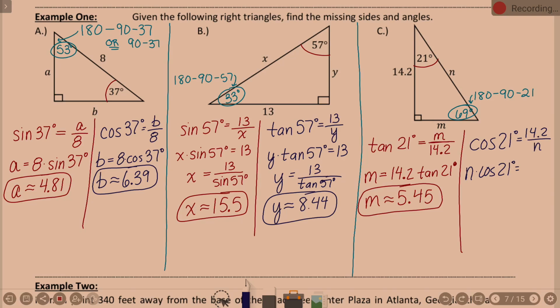N times cosine of 21 is equal to 14.2. And divide. 14.2 divided by cosine of 21 degrees should hopefully provide you a right answer of 15.21. Yep.